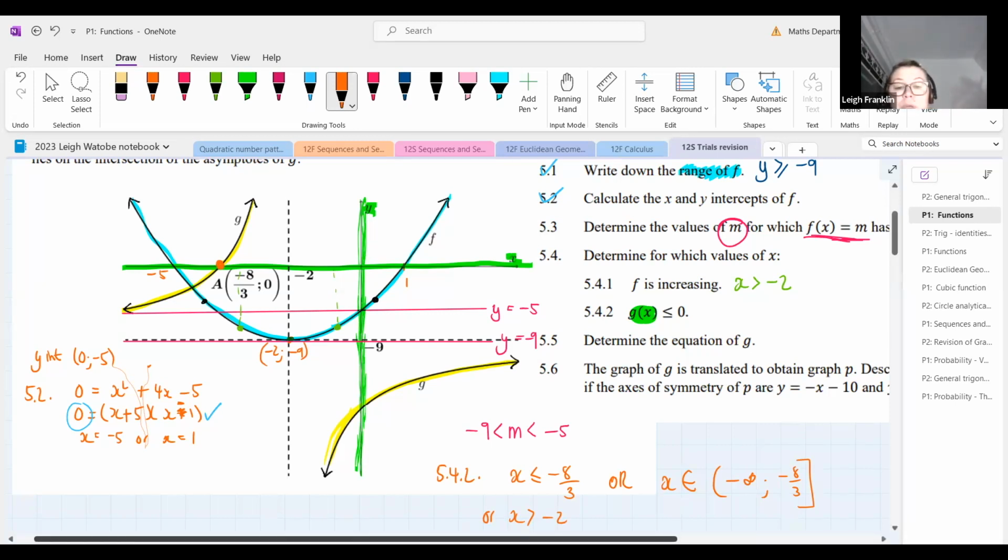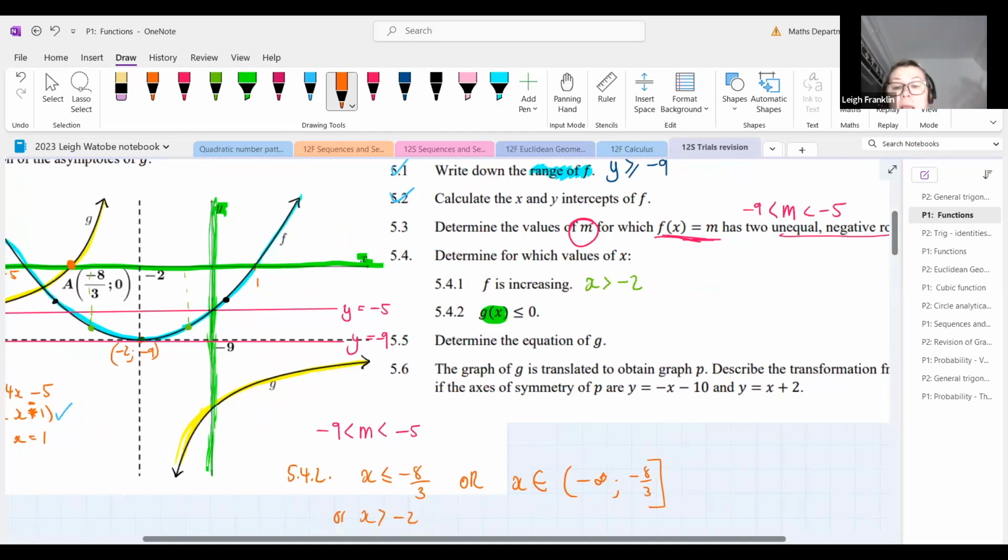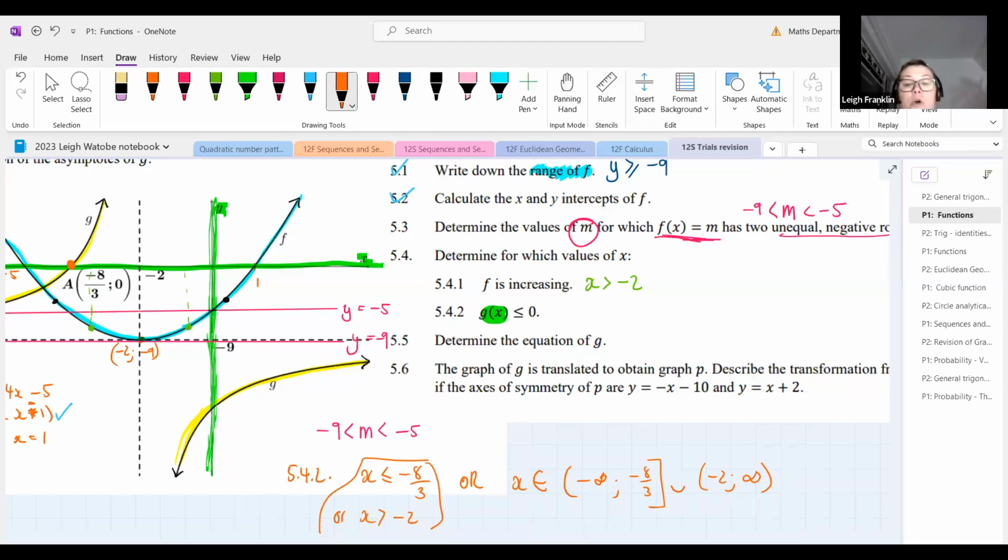So what you would do here, Jude, is you would use the union symbol for or, and then you would start with the -2 with a round bracket, and then it would go up to positive infinity. So either you would write your answer like this using set builder notation, or you can write your answer like that using interval notation.